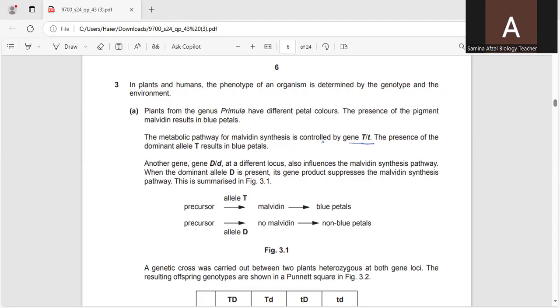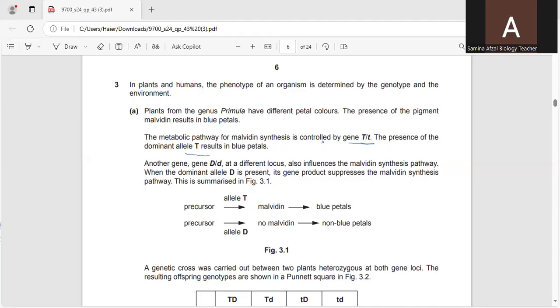So it means the molybdenum is a pigment which gives the blue colors to the petals. So due to the gene capital T small t, capital T is responsible for this formation of pigment. Capital T is a dominant allele.